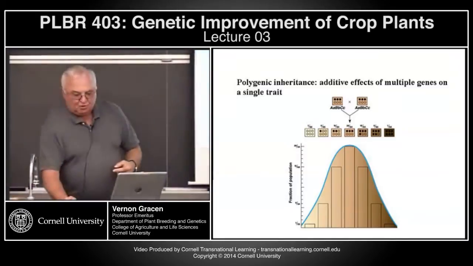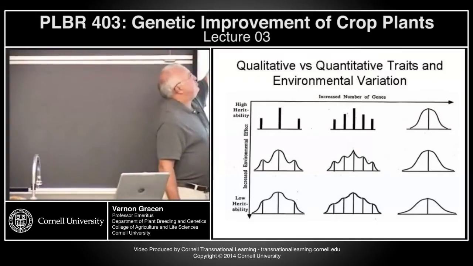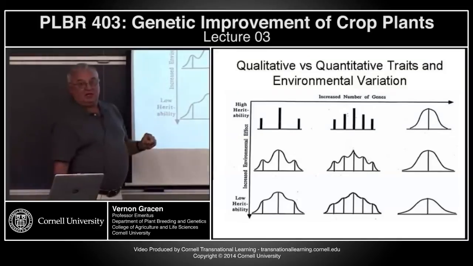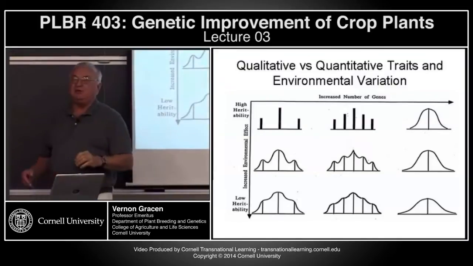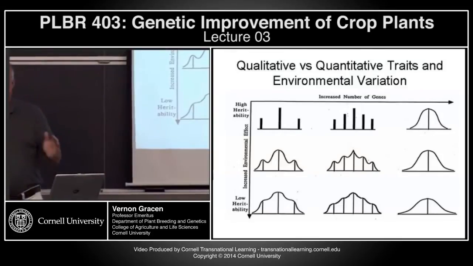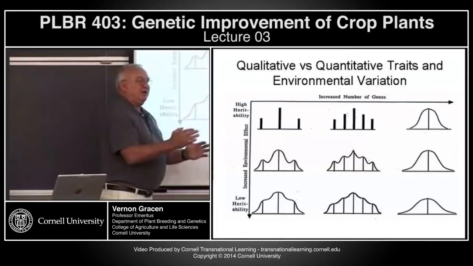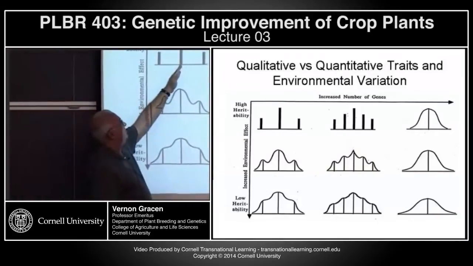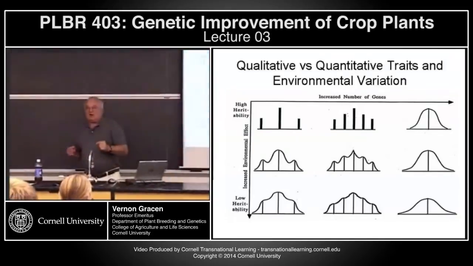And as you add more genes to that, you get a pattern where if you have a few genes, you get high heritability, and the progeny from a cross in an F2 generation segregate into distinct classes. This is assuming incomplete dominance, right? Because you have parent 1, the hybrid, and parent 2, all in distinct classes.